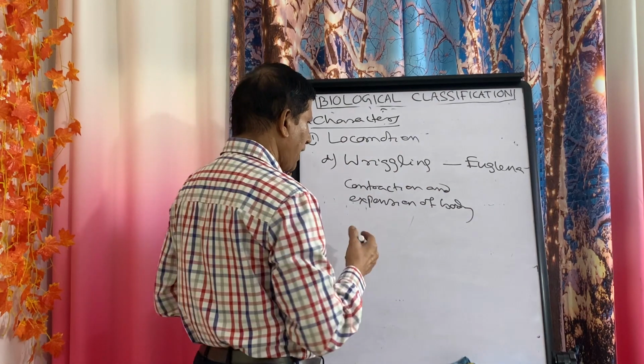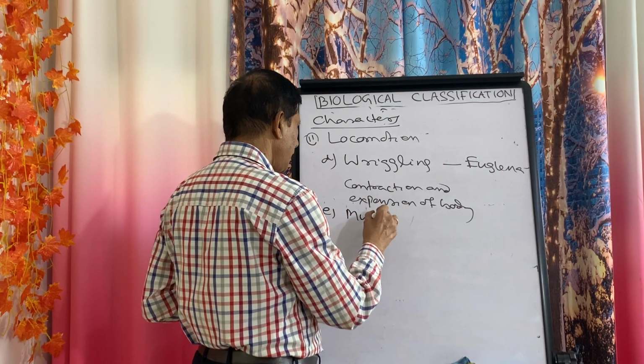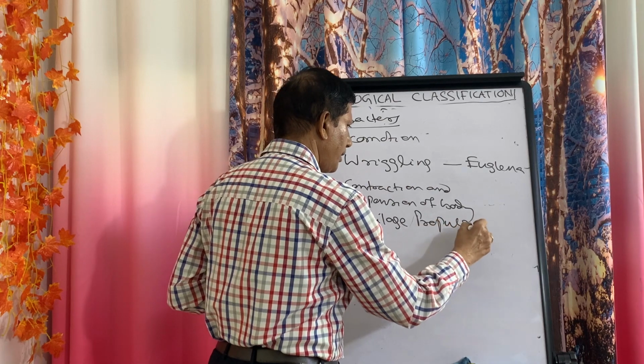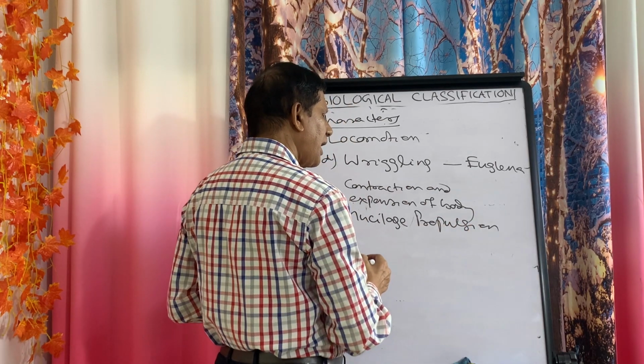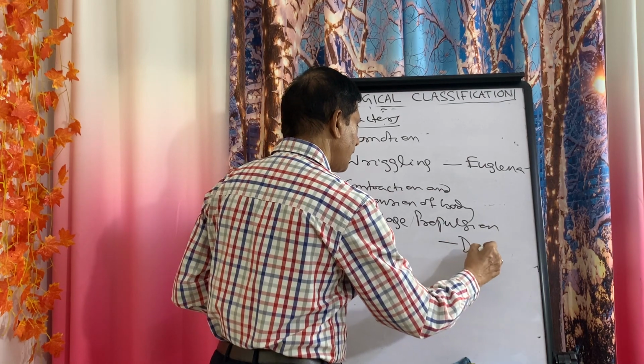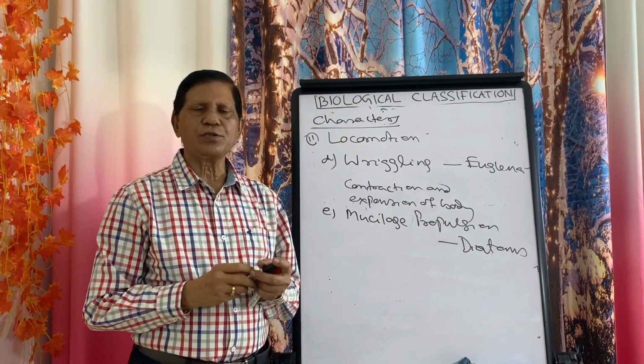Then come to the fifth type. The fifth type is mucilage propulsion. And you will find this in case of diatoms. So in this case, what happens?